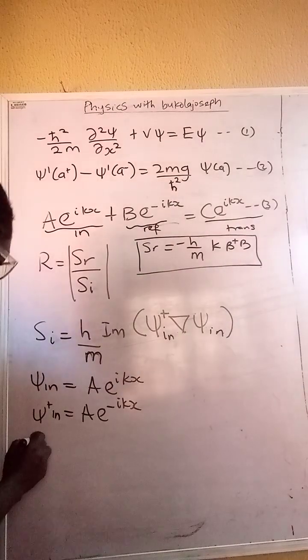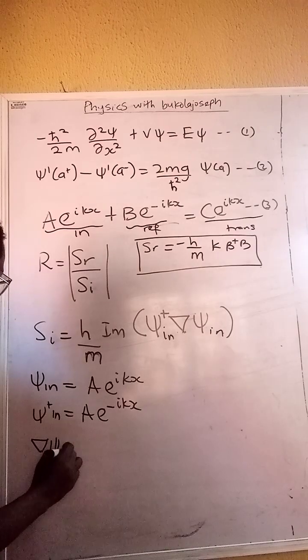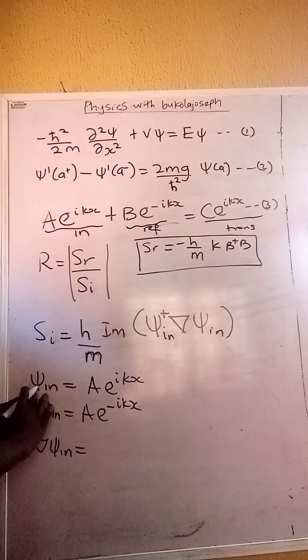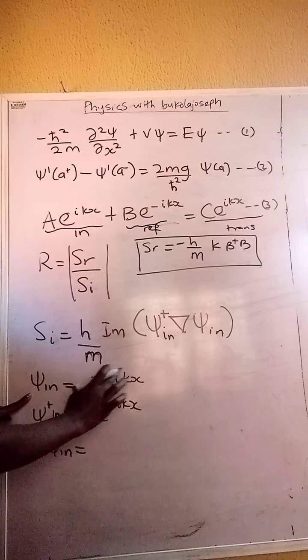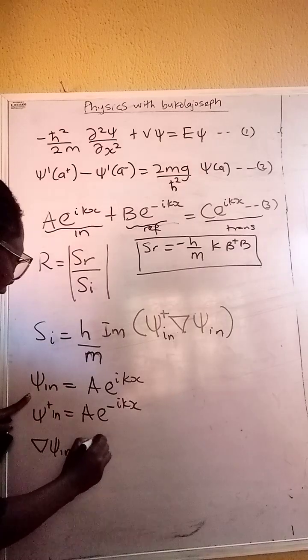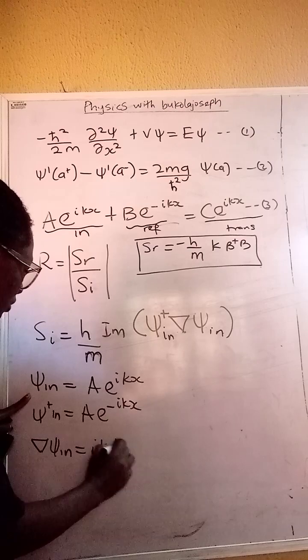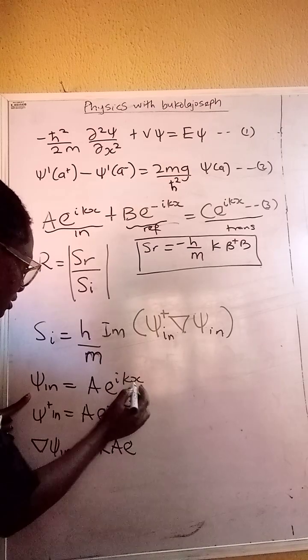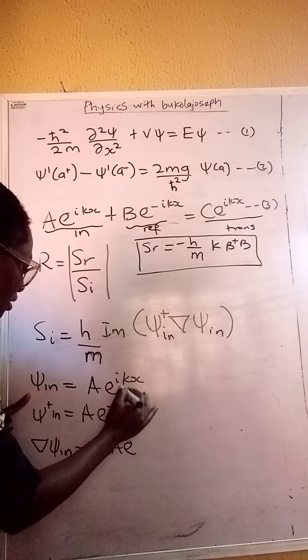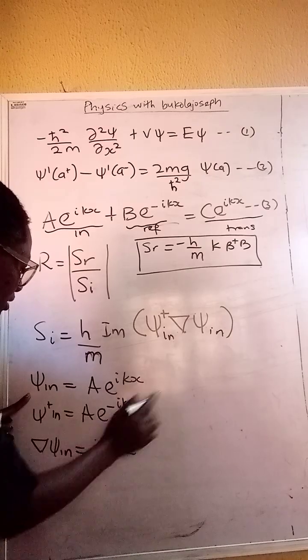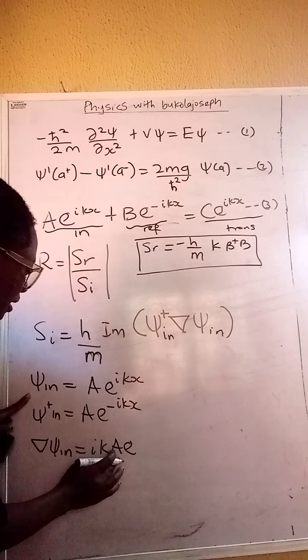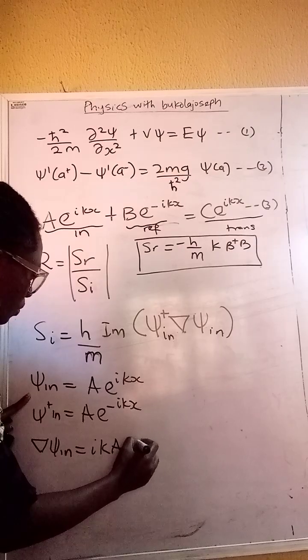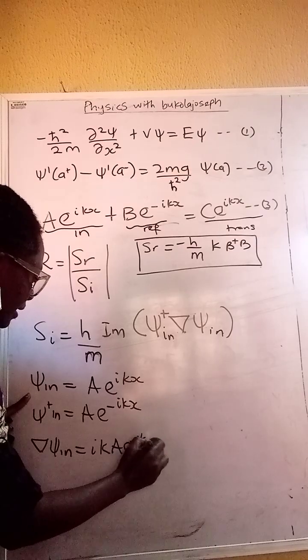Differentiating psi in with respect to x gives us IK, the coefficient of x, and then we have A exponential IKX.